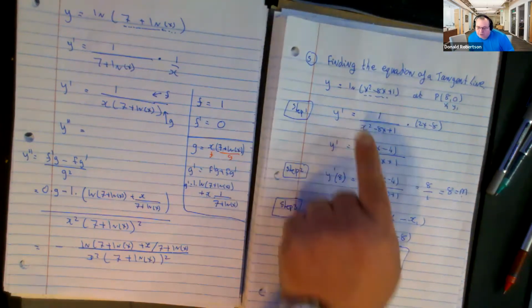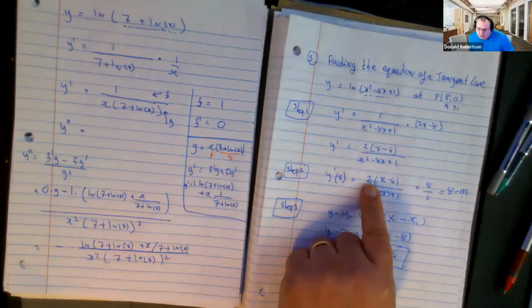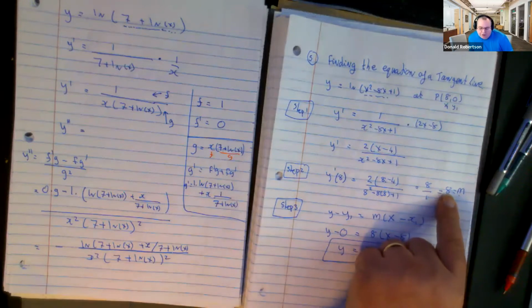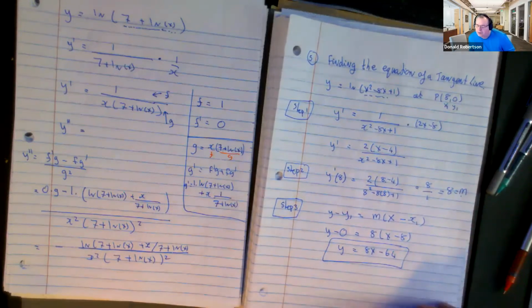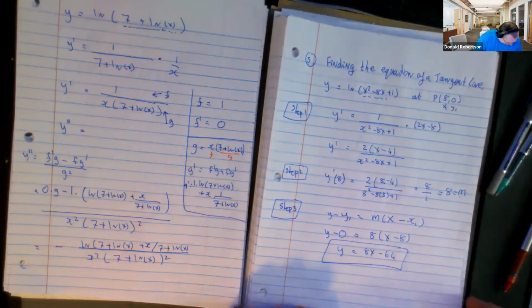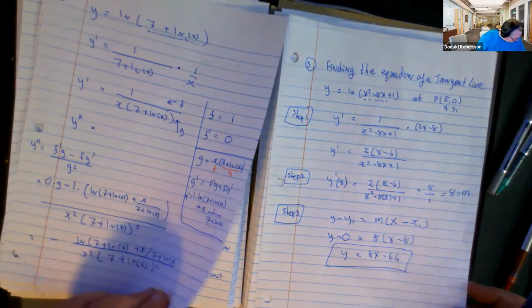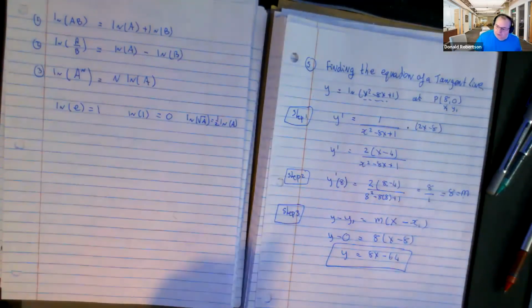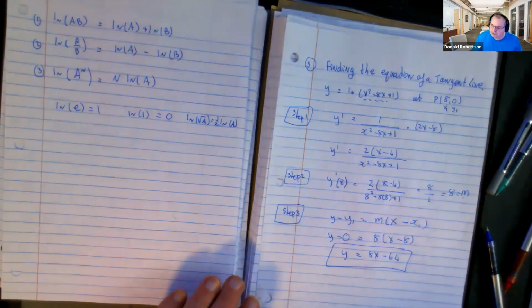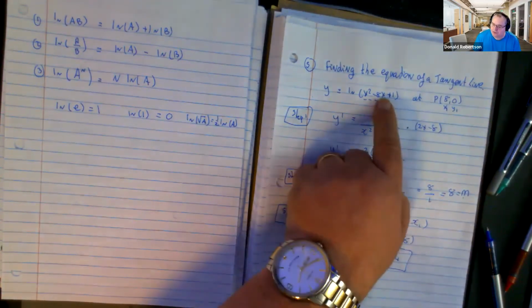Find the derivative, evaluate it at the x coordinate, that'll give you the slope of the line, and use the point slope equation, and you're done. Any questions about equations of tangent lines? Pretty straightforward, as long as this isn't too ugly.